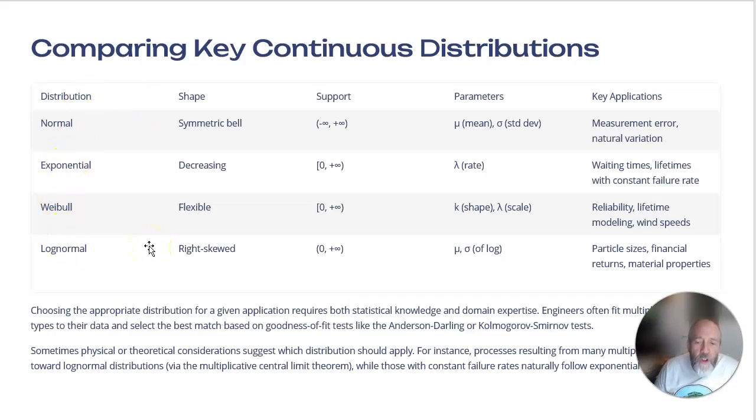Now, as far as looking at the fit, most of the time, I do it by eye. But there are measures of goodness of fit. Particularly the ones that you might use would be Anderson-Darling or Kolmogorov-Smirnov. Not difficult. You can ask when you're doing this.